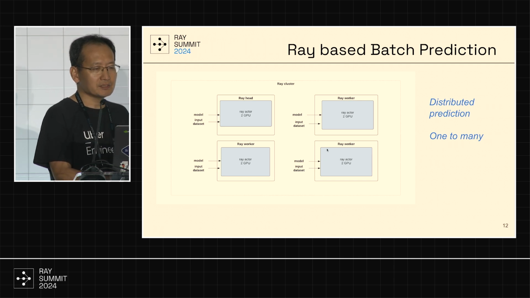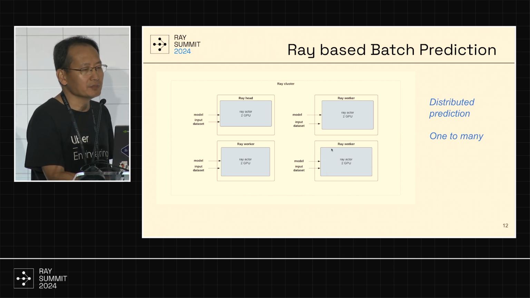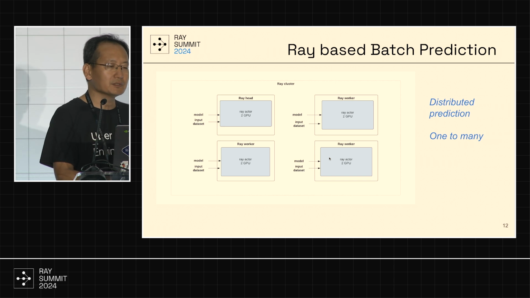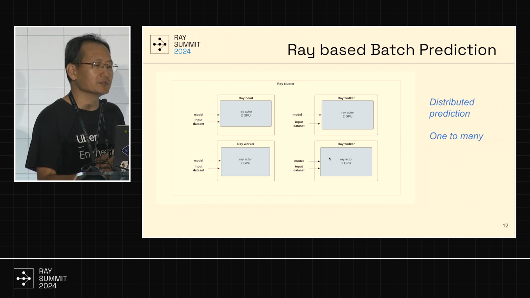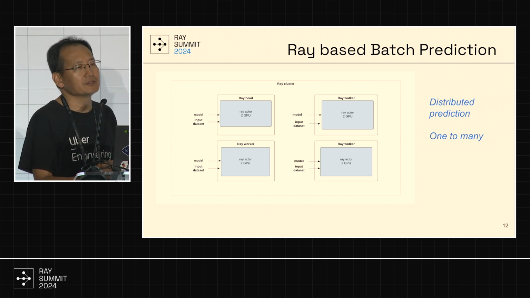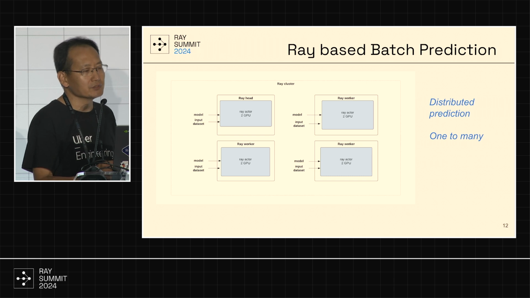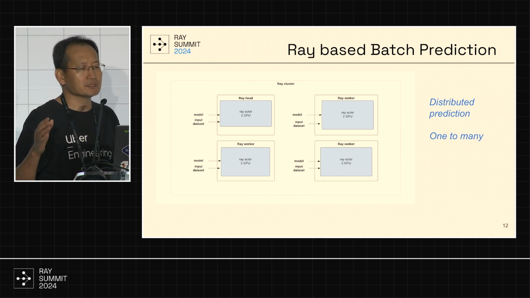Here is a straightforward implementation. Typically, for online prediction, you have something set up for inference on one node, so you can use Ray to expand into multi-node. This is a straightforward implementation.